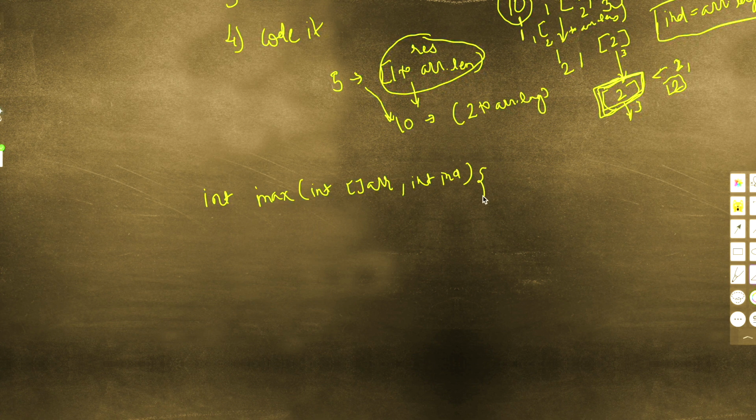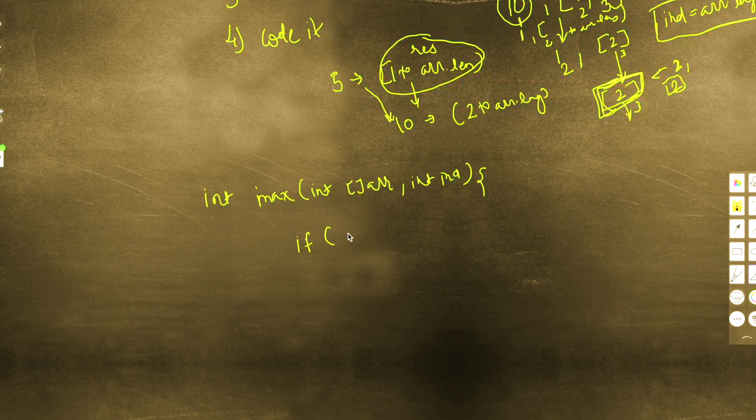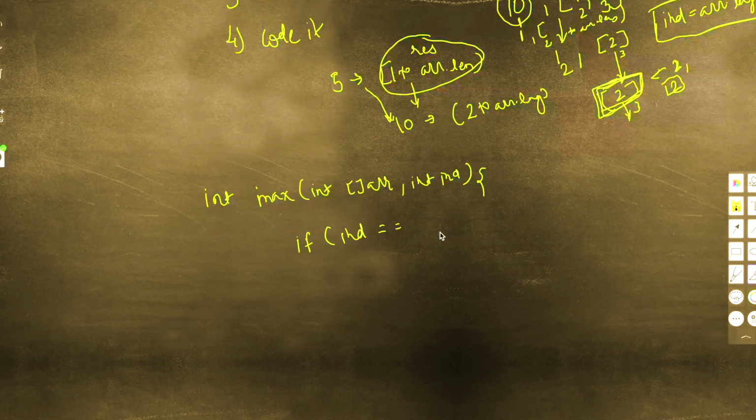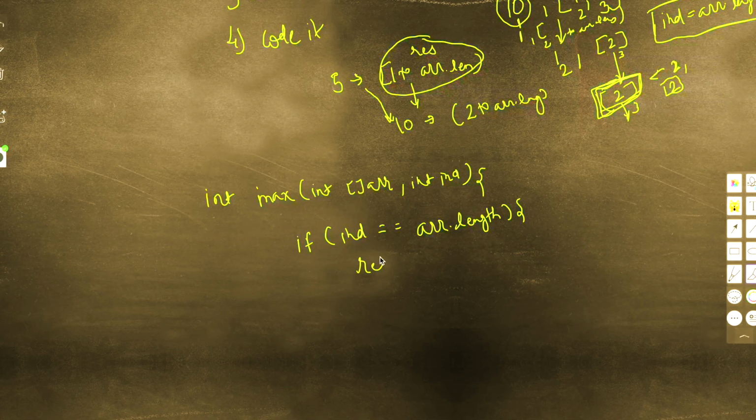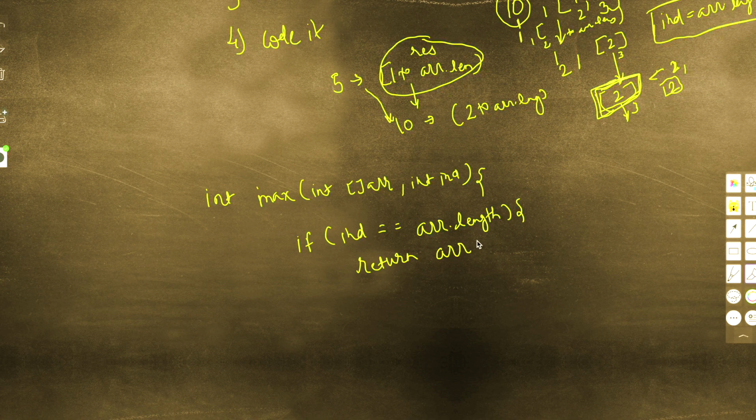So what we have decided is that our base case will be if index is equal to array.length, then what we have to return? We have to return the last element itself. So array[i - 1].